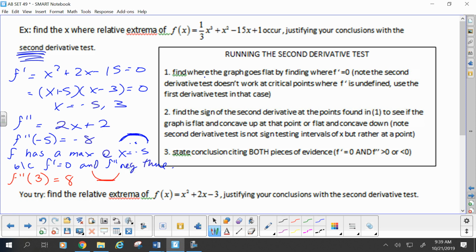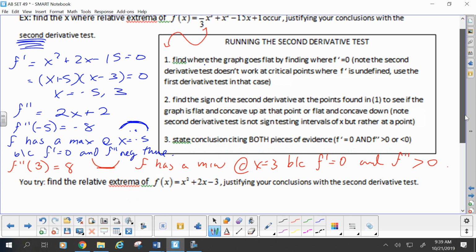Does that jive overall with the shape of a cubic, that at the leftmost critical number it's a max? Yeah. Okay, so let's conclude. F has a min at x equals 3 because F prime equals 0 and F double prime is positive. That's what the second derivative test looks like.